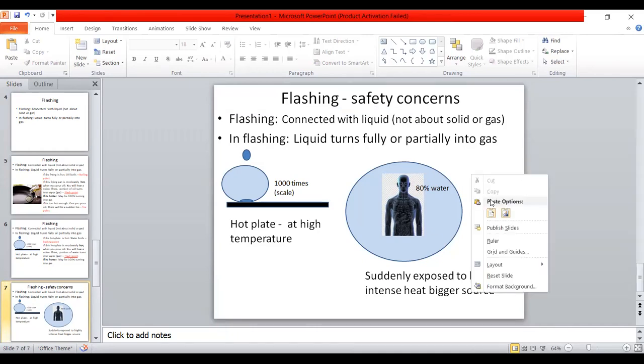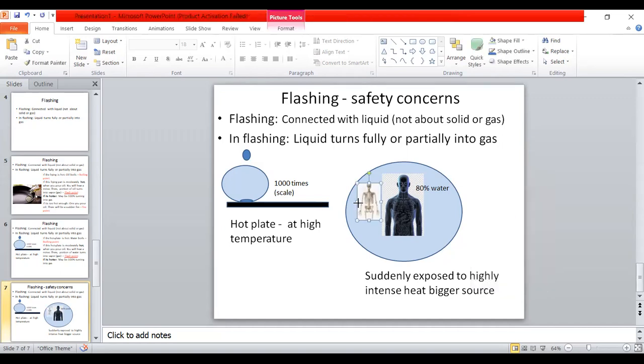The person disappears. Okay? Only the skeleton remains. That's why this can be explained from flashing.